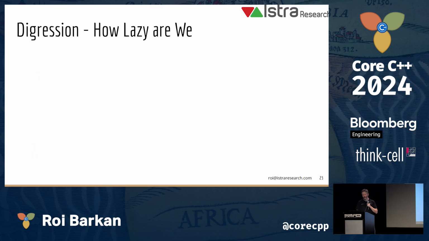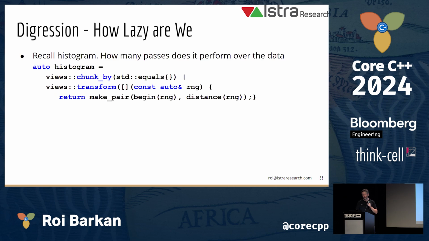I don't have time for much of a derivation, but I just want to say that sometimes when I create these chains of operations, things look quite lazy. When I iterate over a range to try and get a histogram, it would seem that I can chunk the input range by equal elements and then get the size of each of them, or the distance of each of them.